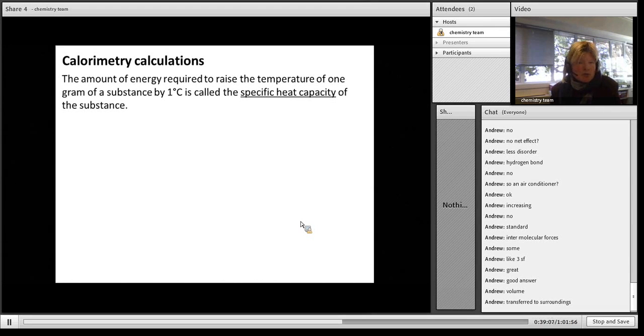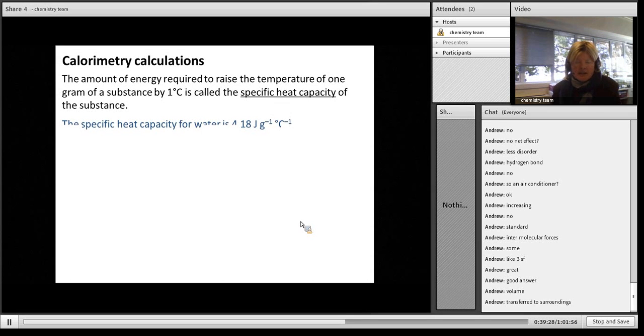First of all, you do need to know what we mean by specific heat capacity, because that's why we use water. Water, we know, and it's been measured, absorbs a certain amount of energy per gram of water, and that's what's called a specific heat capacity when the temperature is raised by 1 degree.